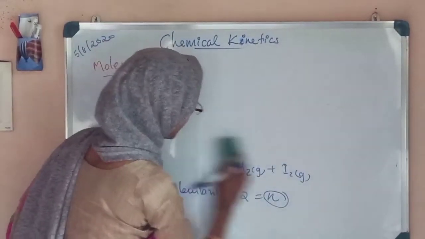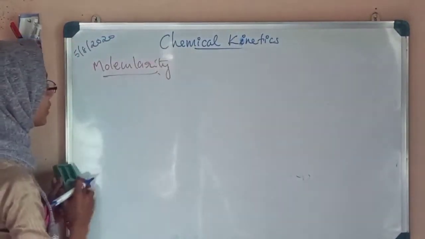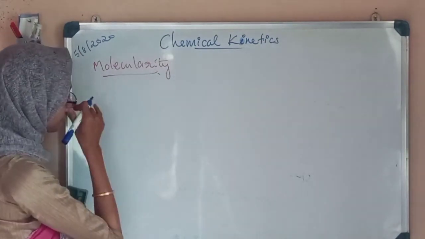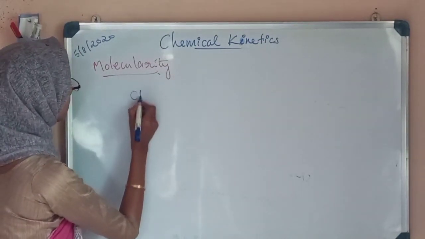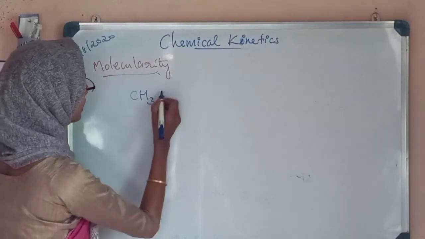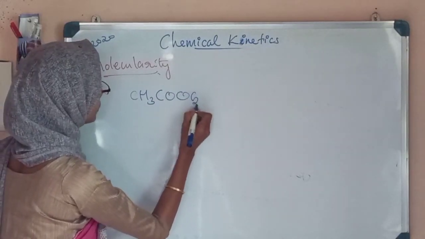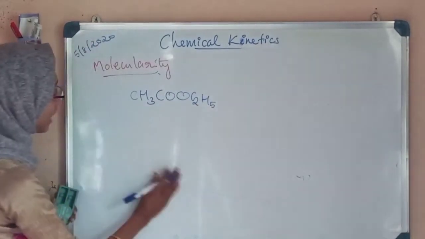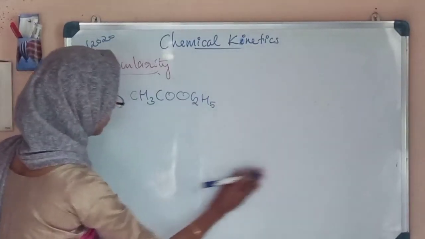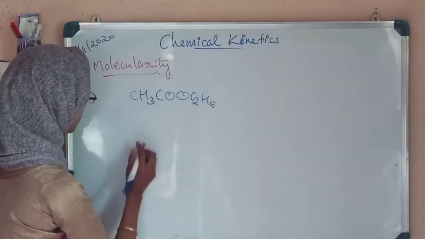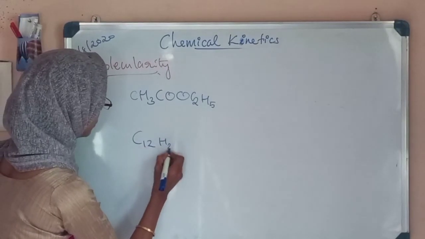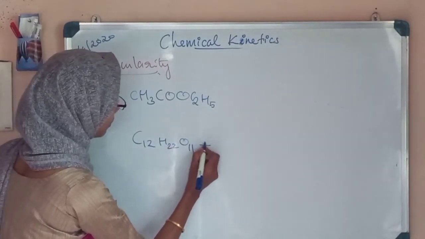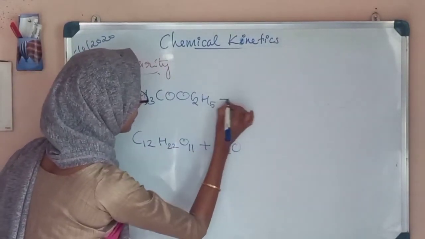Then consider another simple reaction, the acid hydrolysis of ethyl acetate, and the inversion of cane sugar, C12H22O11, or hydrolysis of cane sugar.